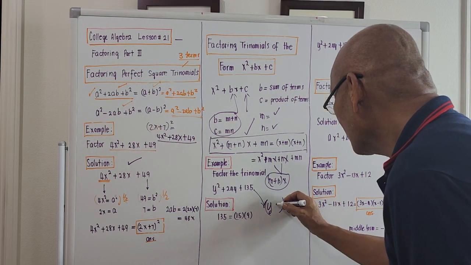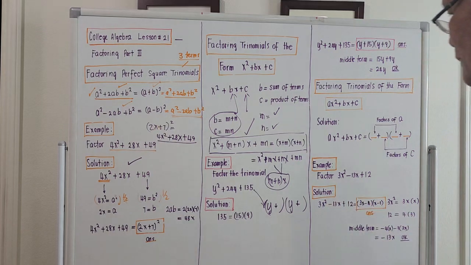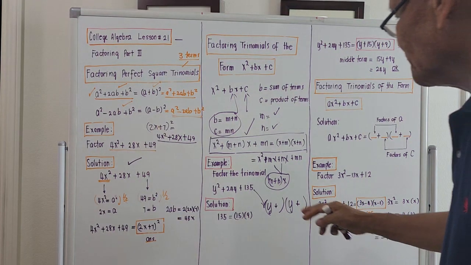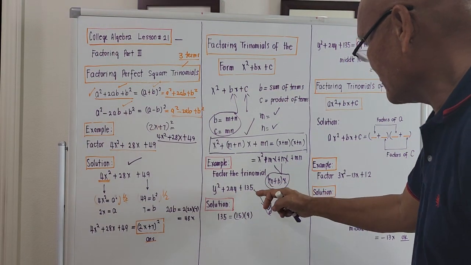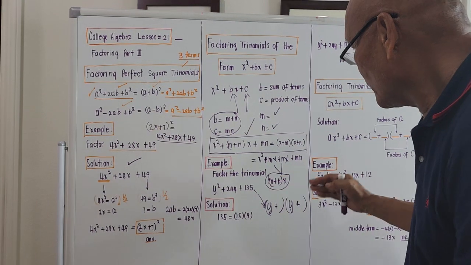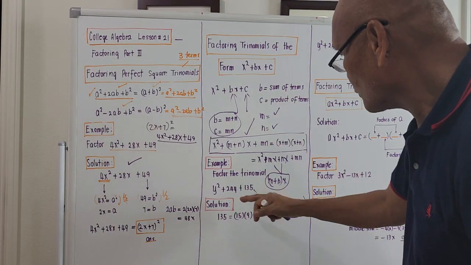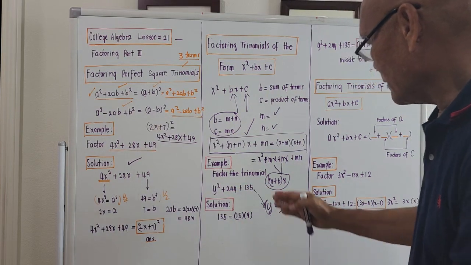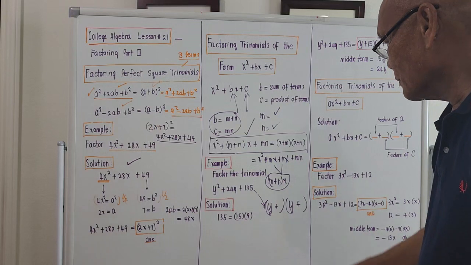This could be plus and plus maybe. So our only problem now is the factors of 135 in which, if we multiply or add them, what will come out will be 24y. And the possible factors of 135 is the combination 15 and 9.